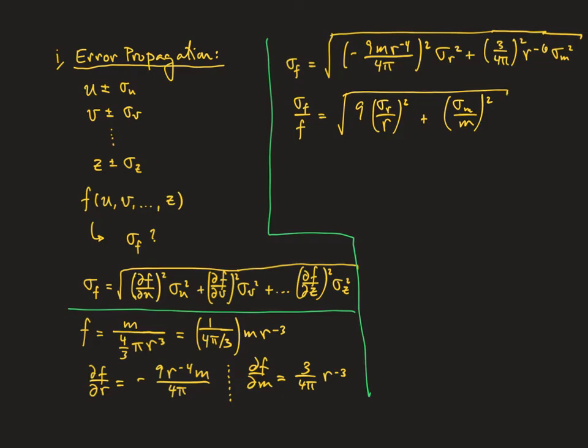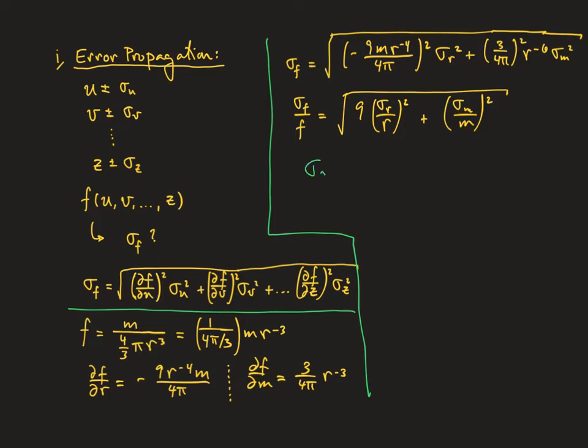So what you would need to do here is take your uncertainty in r and divide it by r and square it, multiply by 9, and then take the uncertainty in m divided by m, square it, add these two together, then take the square root. And when you're done, because you're trying to find sigma f, you've got to remember to take f back over to the right hand side and multiply by f, right?